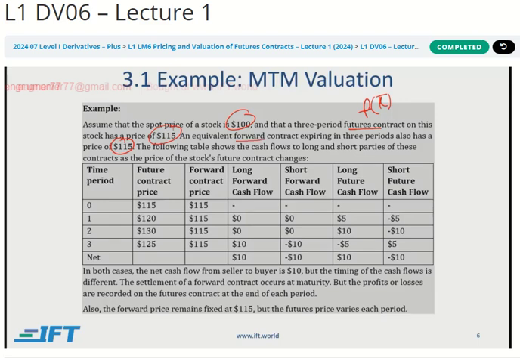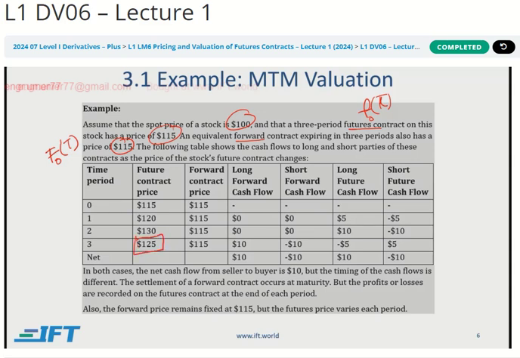So you're basically getting into a contract where the futures price being locked in for the future is 115, and the forward price being locked in for the future is also 115. Now, if the asset goes above 115, it will be a profit for the long party, and if it goes below 115, it will be a profit for the short party.